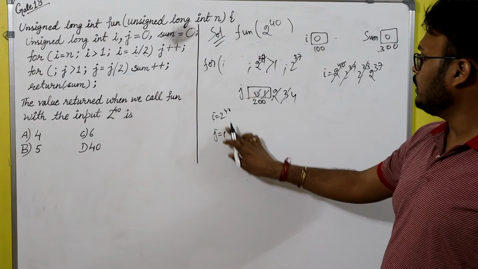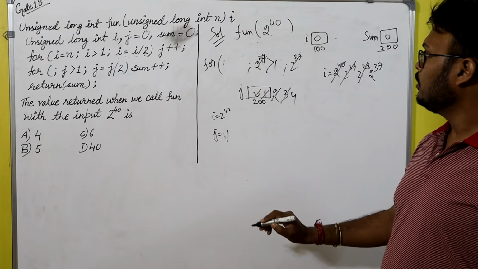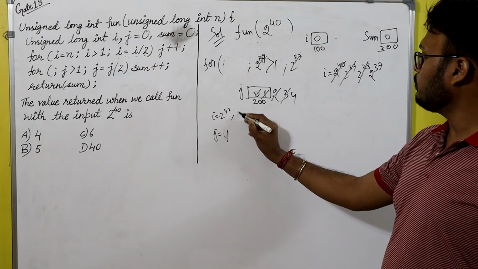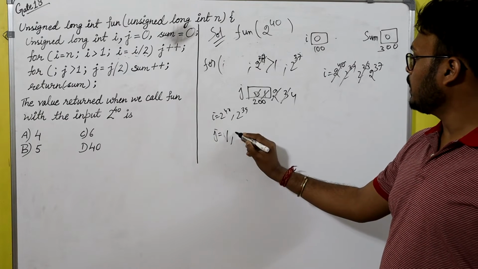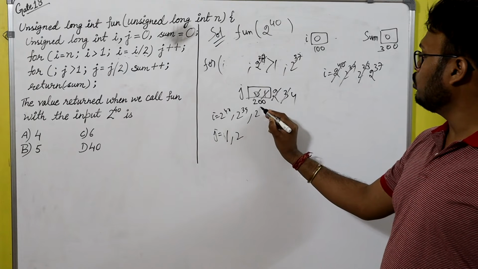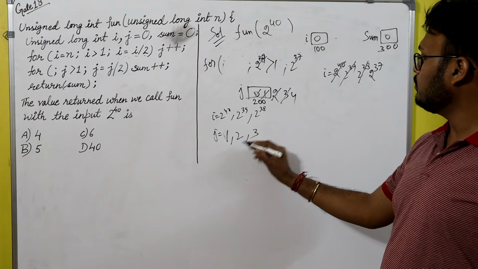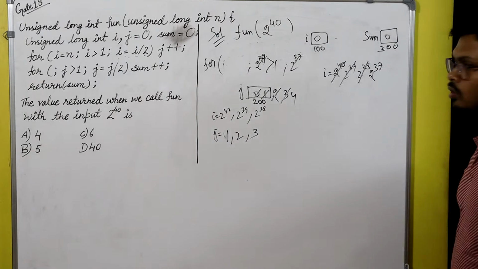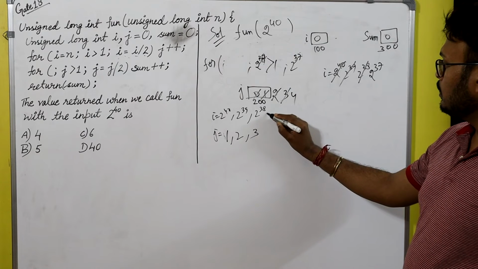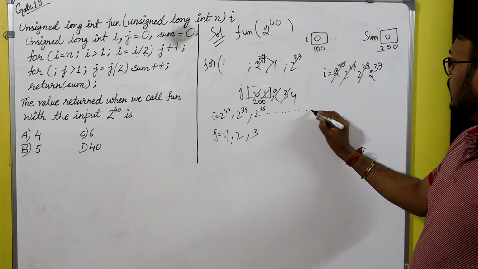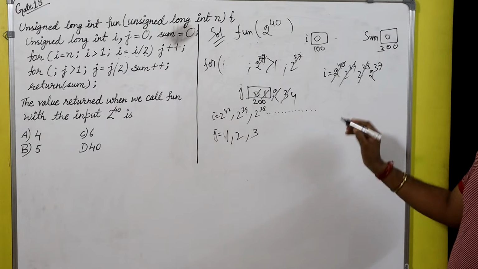Initially it was 0, it became 1. When the i value became 2 to the power 39, the j value became 2. When the i value became 2 to the power 38, the j value became 3. Just like this, it will continue.